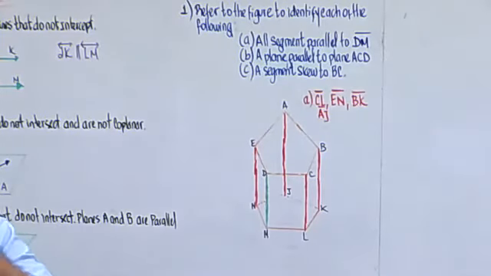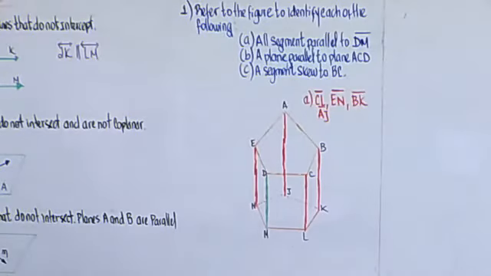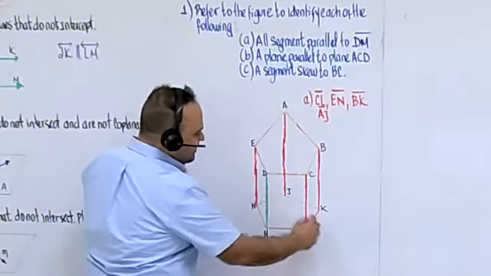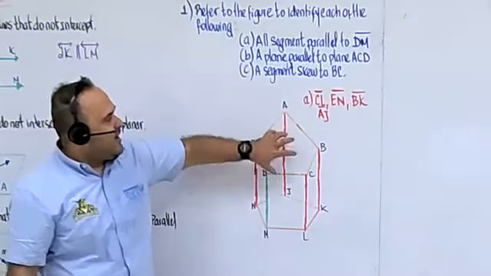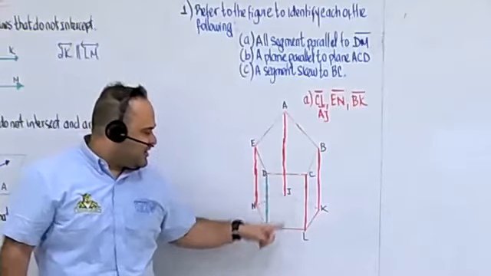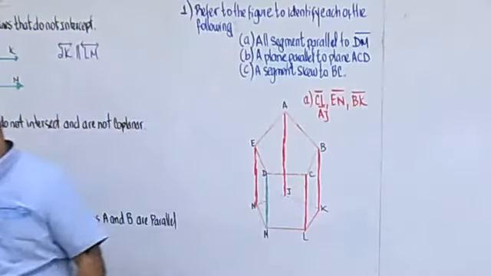Maybe J and L. JML, actually, the entire JML, exactly, because we're talking about the entire plane. We have this parallel to ACD, okay, the JML. So in this situation, this base will be the parallel one.